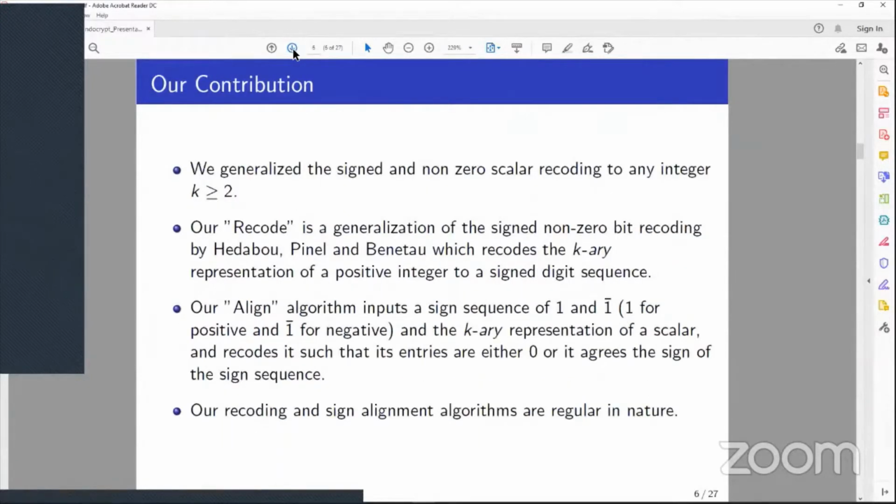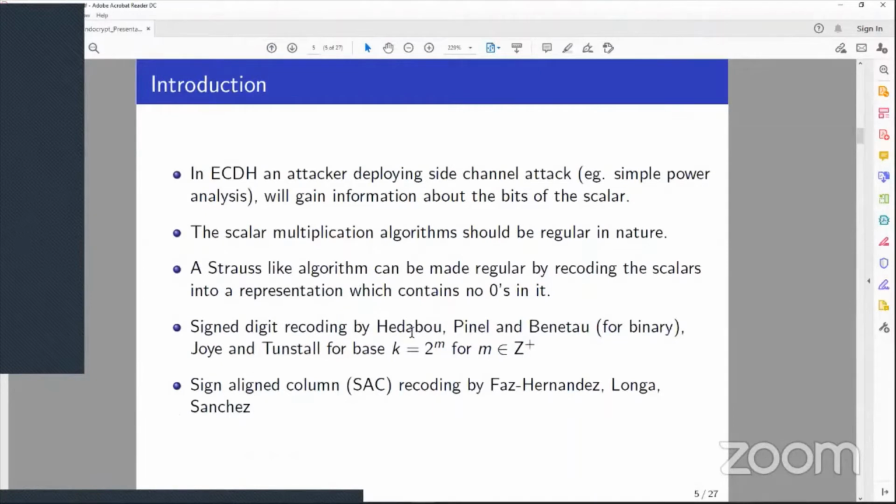Previously, the scalar recoding algorithm for the binary case was done by Hedabu, Pinel, and Benetu, and Joye and Tunstall did it for base k equals 2 to the power m. What we did is we generalized it for any k, and for sign aligned column, we also generalize this from binary to any positive integer.